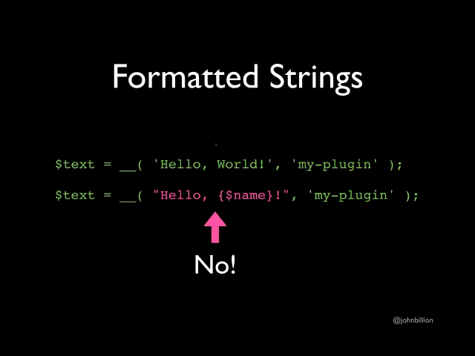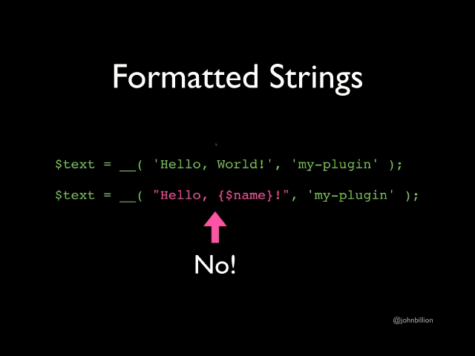Now, if we remember back to our first rule where I said concatenation is bad, how do we handle a situation where we need to inject one string into another string, but retain its ability to be translated? Well, this doesn't work. You can't just put a variable straight into a string like this.